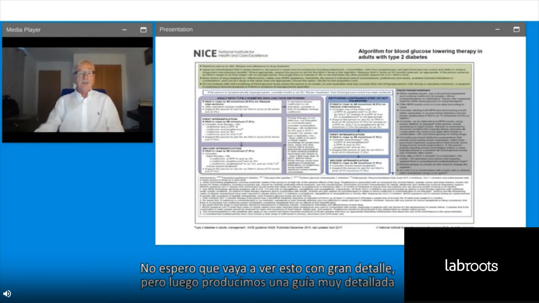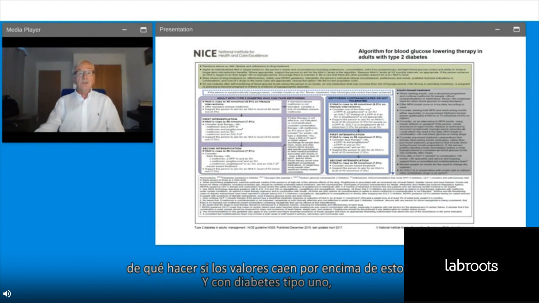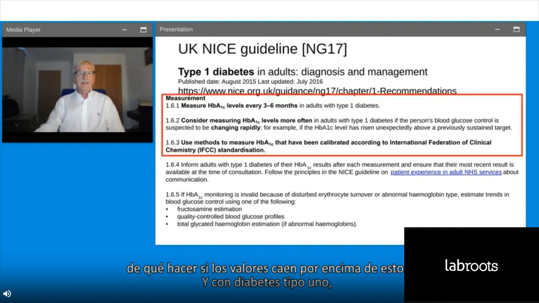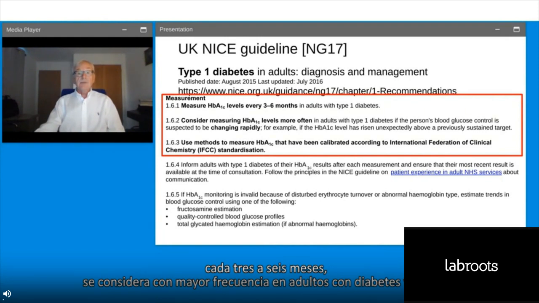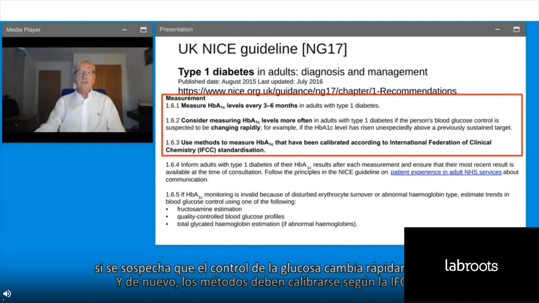I don't expect you to go look at this in any great detail, but we then produce very detailed guidance of what to do if values fall above this. Now, with type 1 diabetes, we suggest that hemoglobin A1c should be measured every 3 to 6 months, considered more often in adults with type 1 diabetes if the glucose control is suspected to change rapidly. And again, the method should be calibrated to the IFCC.